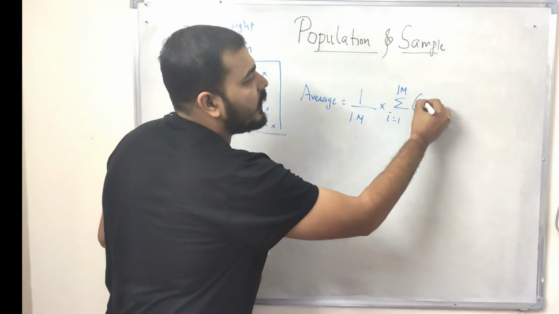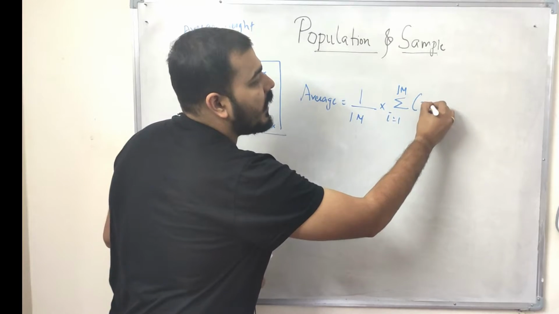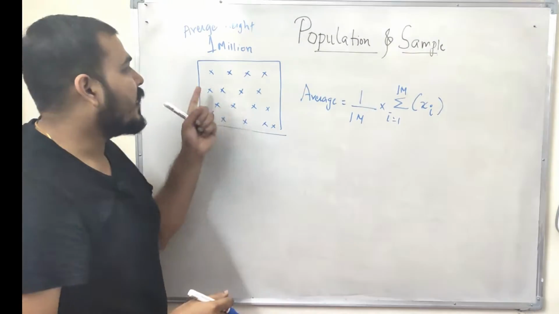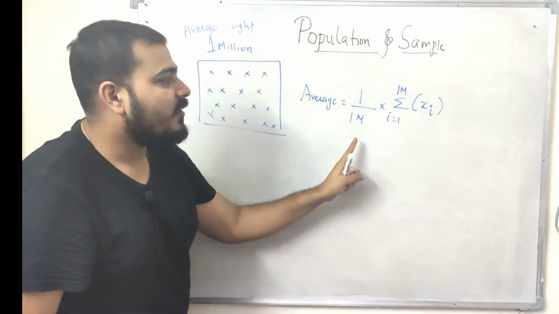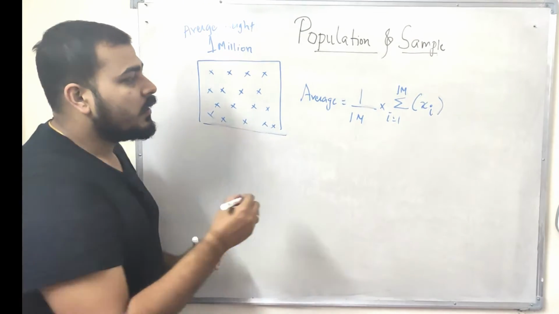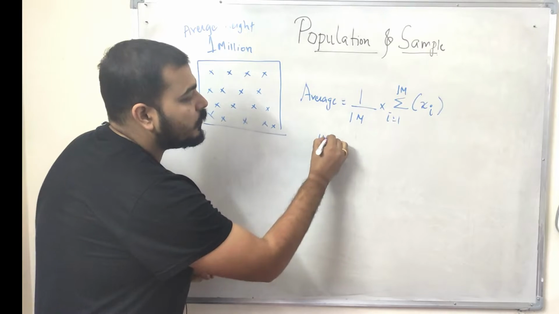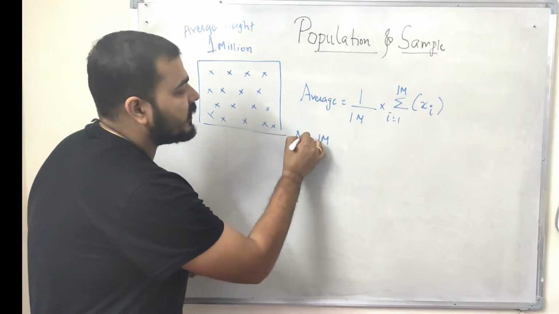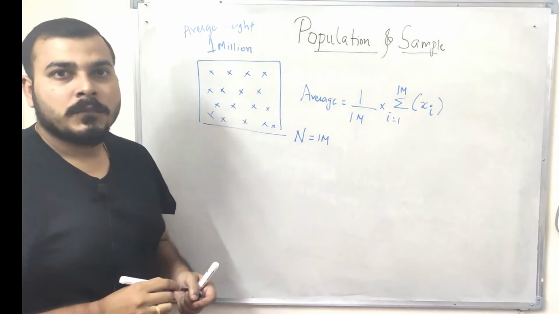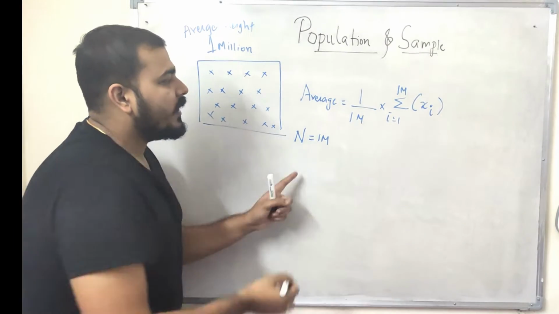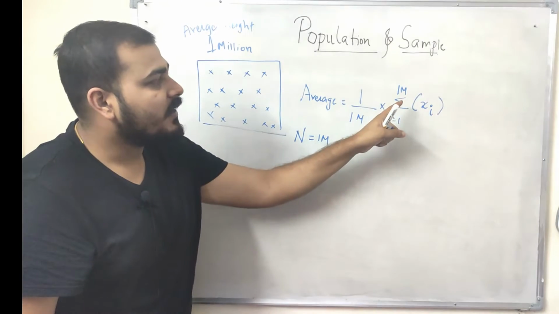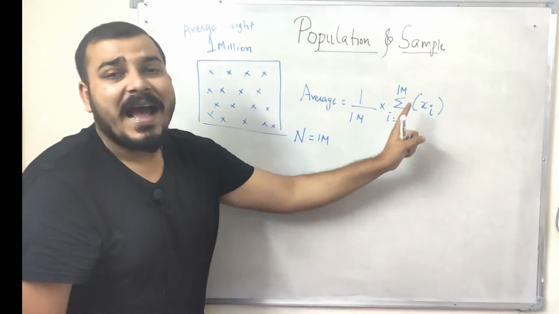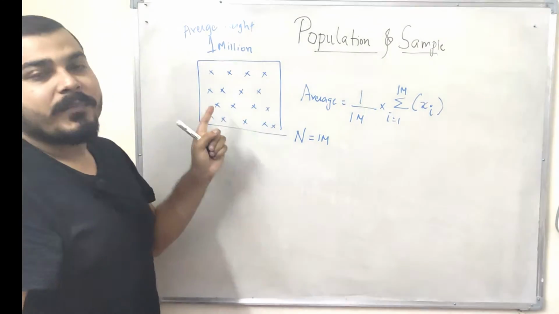And then here I will be using x of i, which represents all these particular points that we are summing up, and then we are doing an average over 1 million, right? This 1 million, which is my total number of people in this particular state, can be represented by capital N. So my capital N over here is 1 million, and because of that I have written summation of i equal to 1 to capital N, and I am finding the average of all the 1 million people.